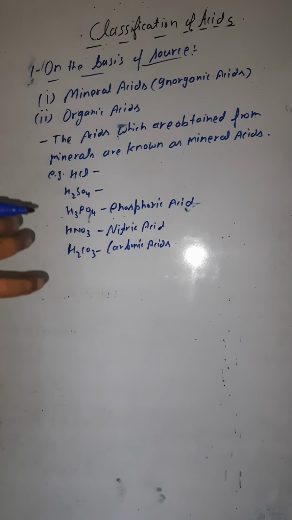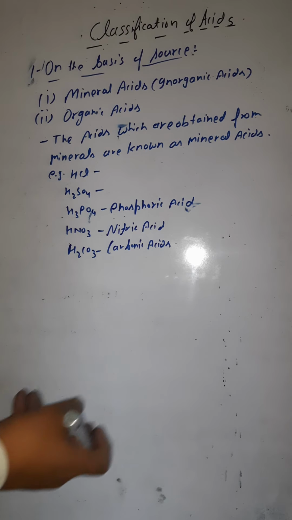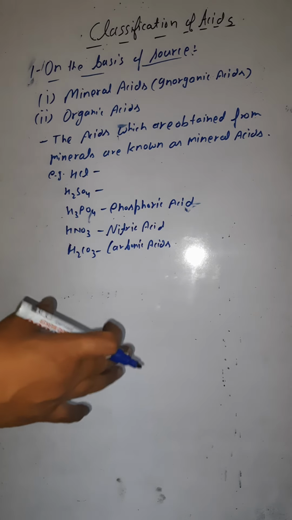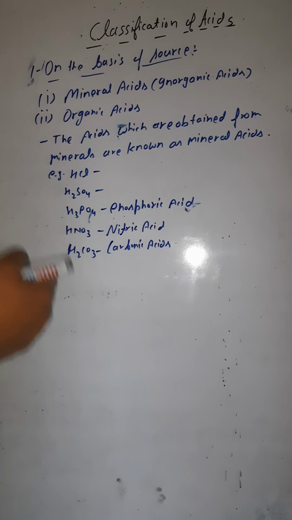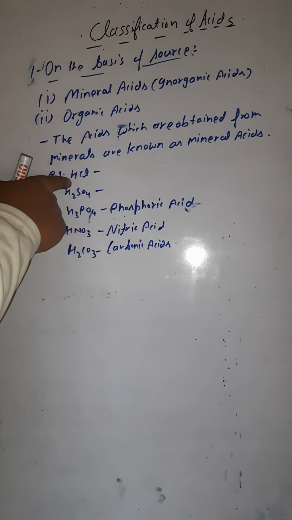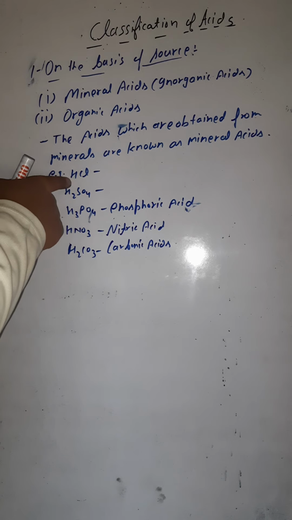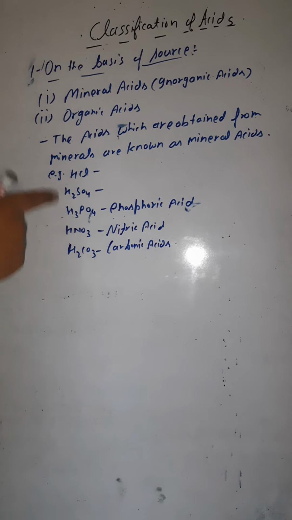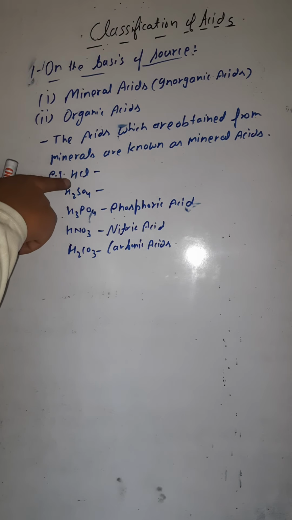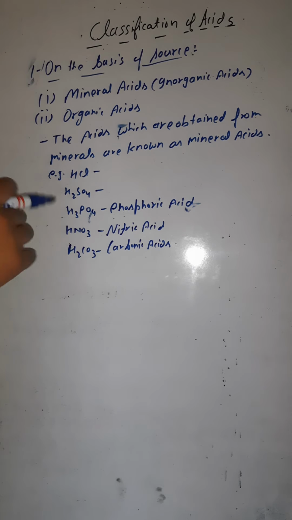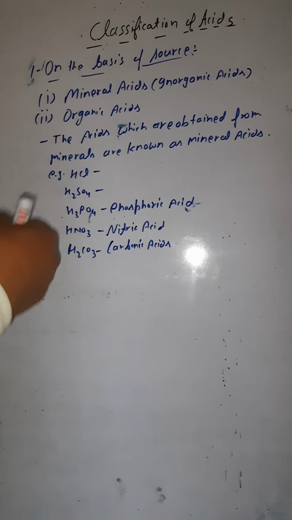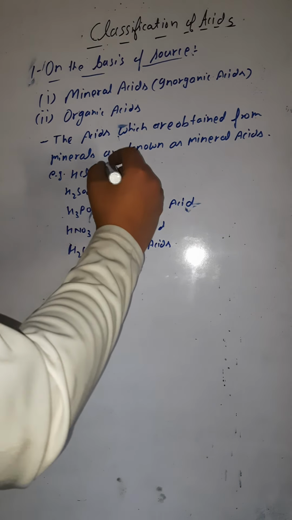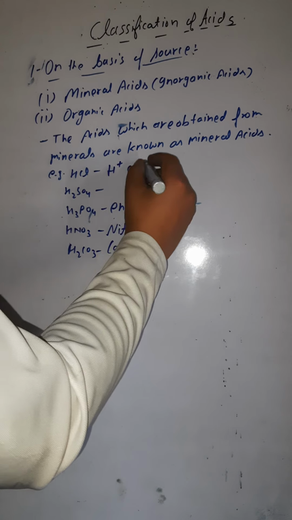If you make a solution of hydrochloric acid and dissolve it in water, it will ionize and give hydrogen ion in the form of H positive and Cl negative.